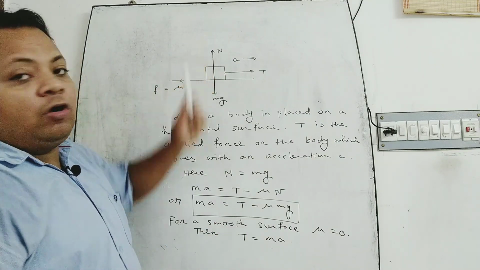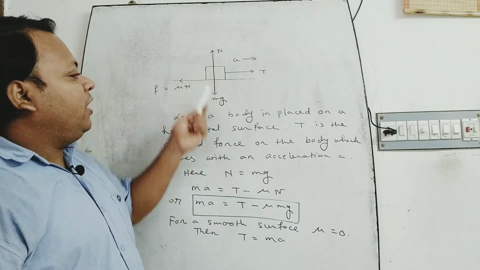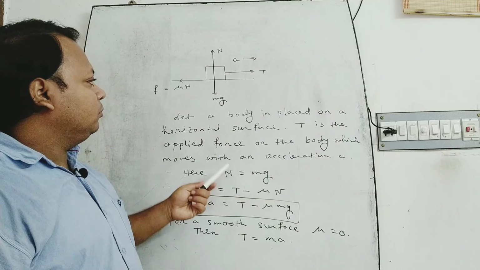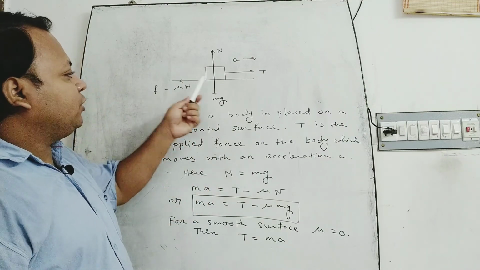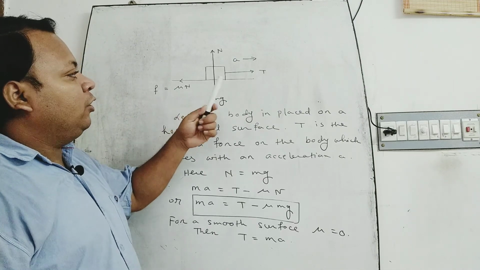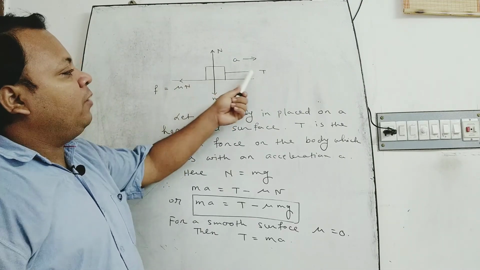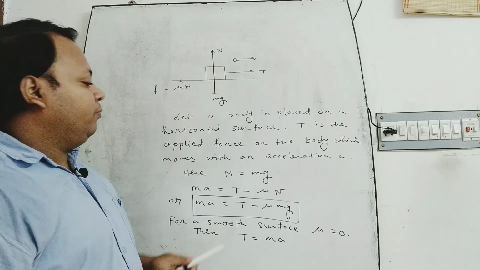Capital N is the normal reaction acting on the body. Here N is equal to mg, and friction acting on the body is mu into N, which always acts opposite to the motion of the body.